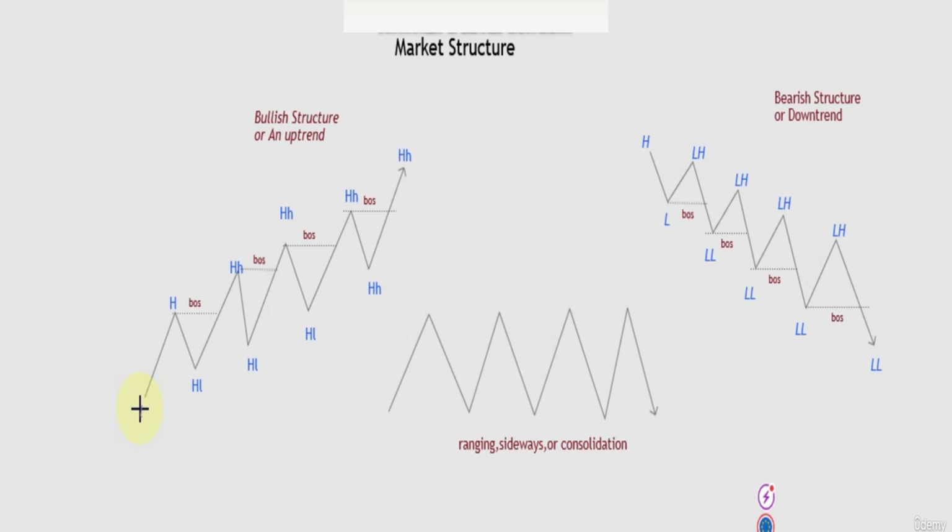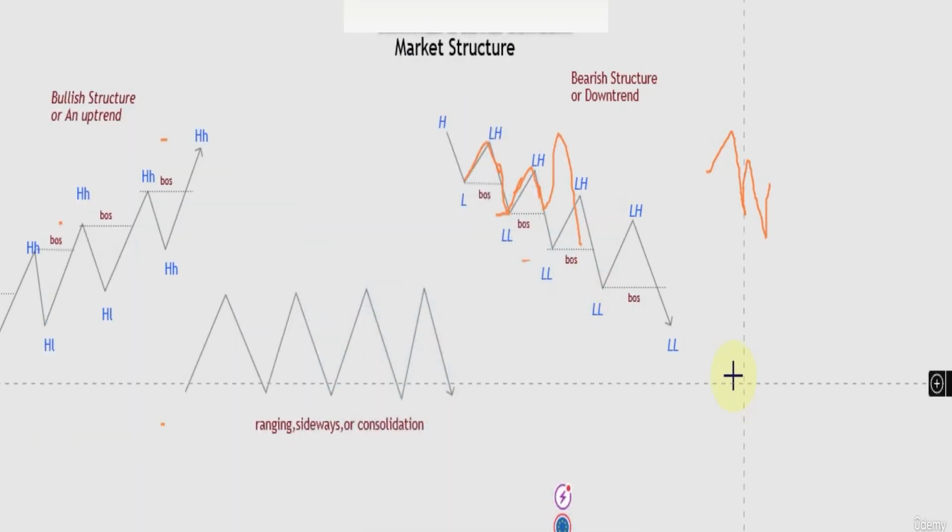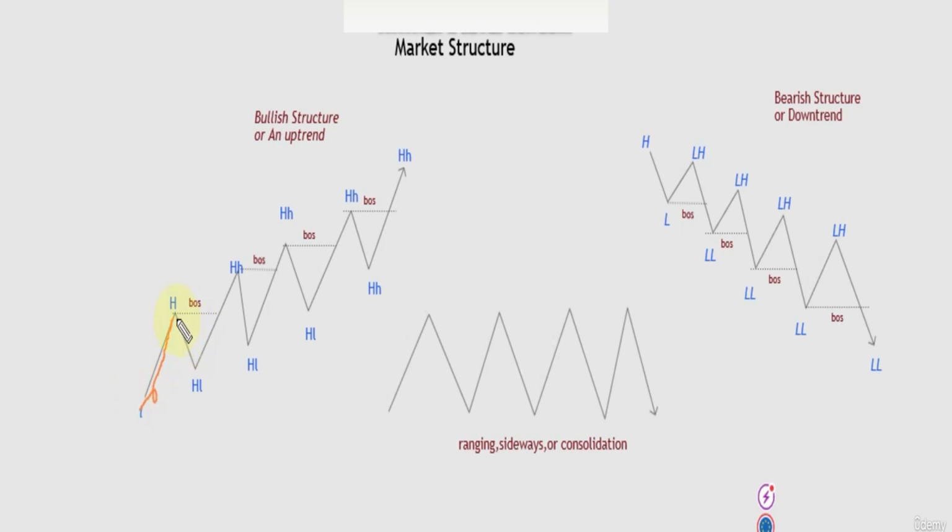How do we identify a structure? Now look at this. When the market goes up, it's just in a straight line like this. Sorry, I'm not really good with making straight lines. When the market stops and then decides to pull back like this, from this low to this high is a structure.